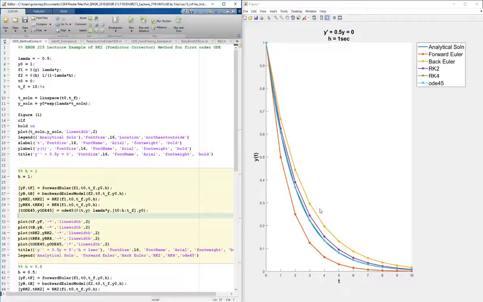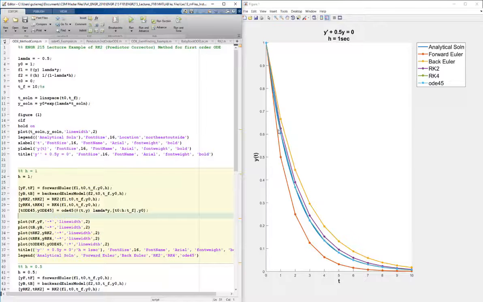What you can see here is our accuracy of forward Euler is the worst. It's a little bit improved with backward Euler, and a lot improved with the next methods. Remember that these two methods were of order delta t, and this is delta t squared for RK2, and RK4 is of order delta t to the 4th, so a significantly increased accuracy. So even though we have a large time step, we have a very good evaluation of our numerical method for this ODE.